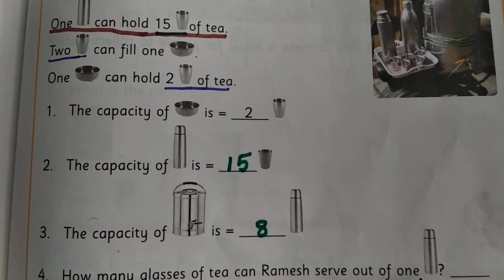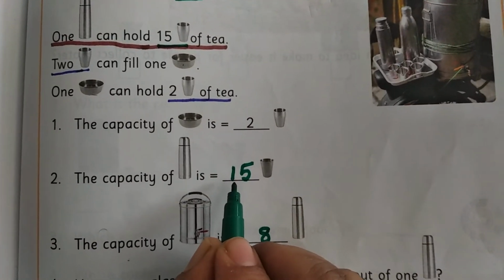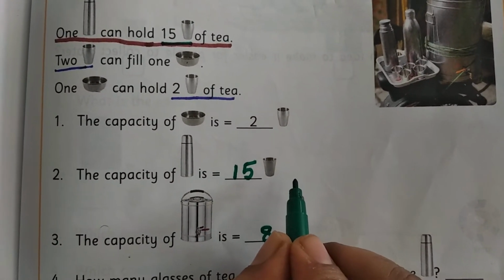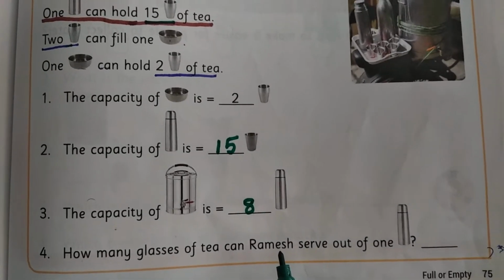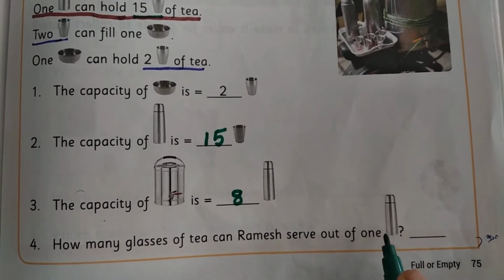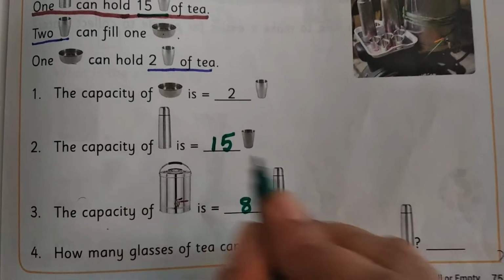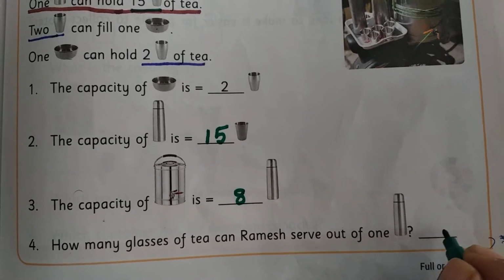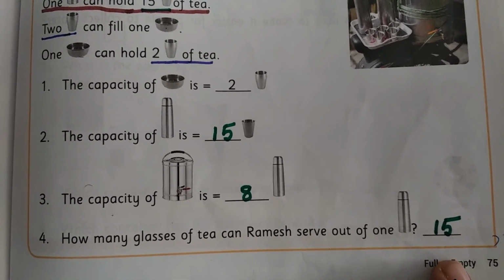Already we have seen that one flask contains how many glasses of tea, Kanna? Yes, 15 glasses. That only they are asking. So Ramesh wants to serve one flask of tea. So that means one flask contains how many glasses? Yes, 15 glasses. Very good, super. So you want to write 15 in this dash.